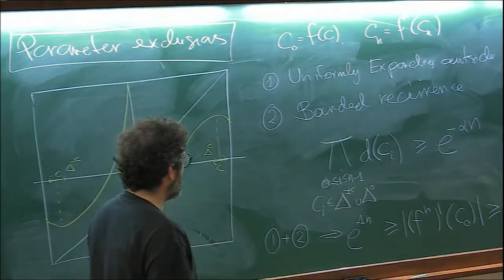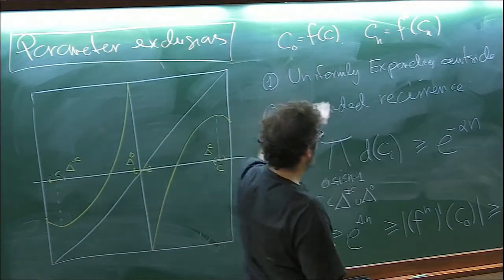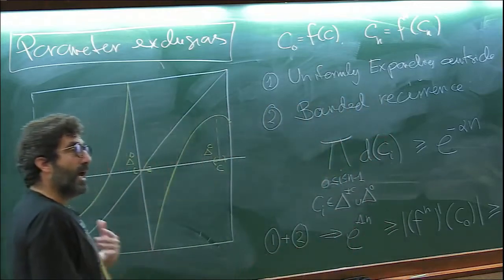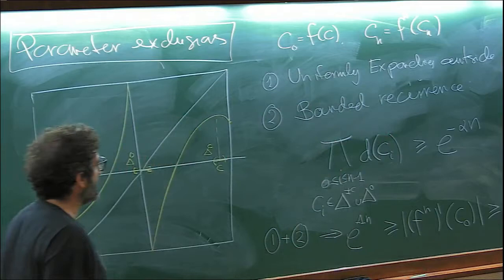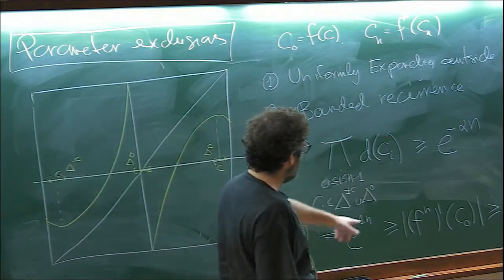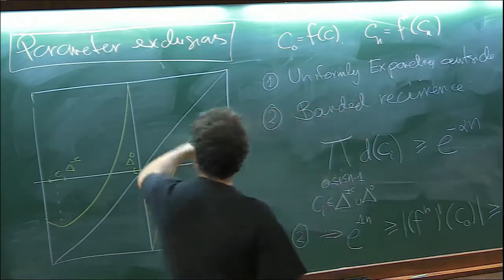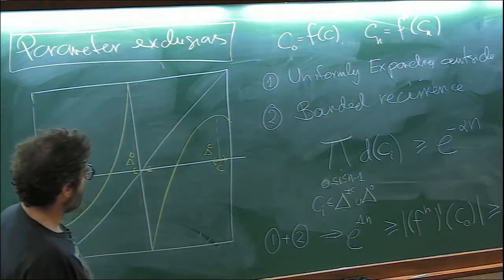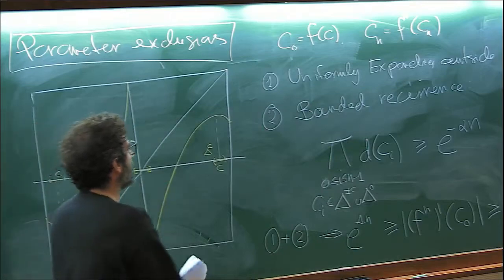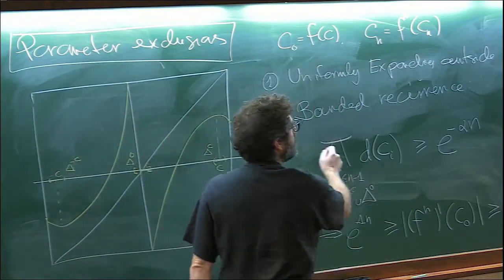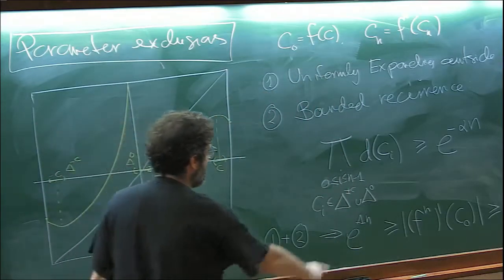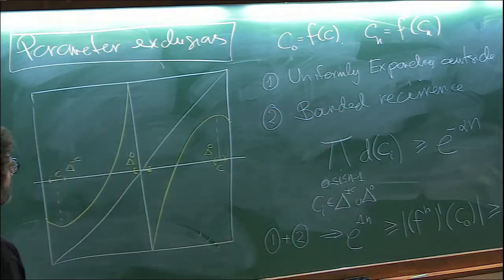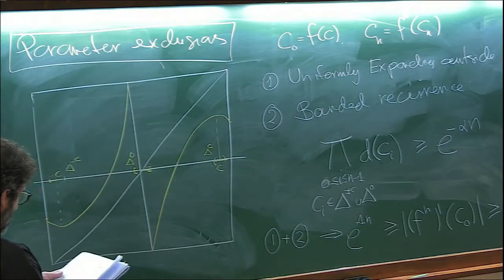So these two conditions imply that this derivative grows exponentially fast, and by relatively standard constructions in one-dimensional dynamics, if you have this property for all n, then you can construct a physical, absolutely continuous measure. So this is the definition of a good parameter: these two properties, because they imply this very good property.